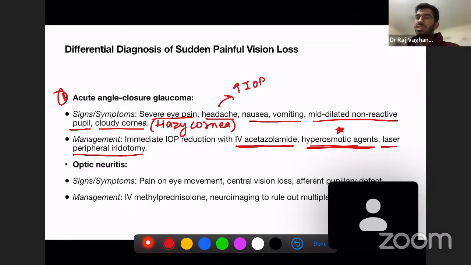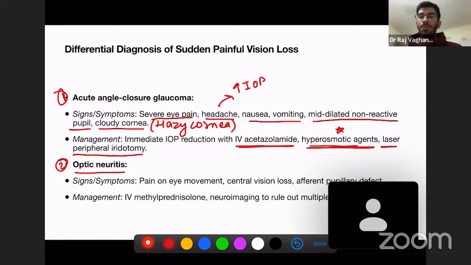You are just giving the laser, but it is more or less like a surgery. It is a very small surgery, but it's still a surgery. So immediate IOP reduction is the primary aim, otherwise it may lead to permanent vision loss.